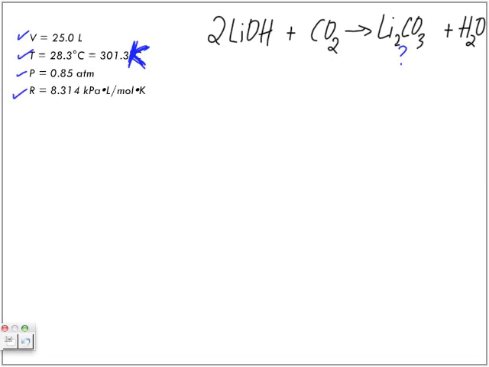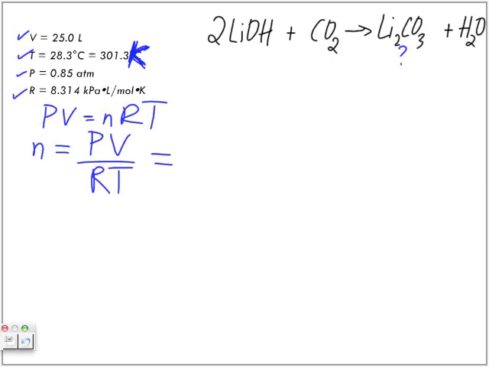So looking at that, we can figure out we need to find our N value. We've got PV equals nRT. So we're trying to find the actual moles of the lithium carbonate. So isolate for N. N is equal to PV over RT.